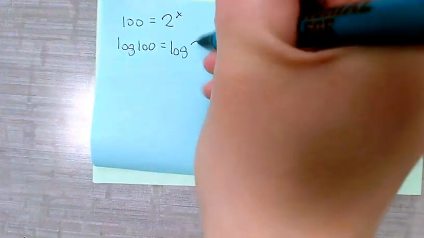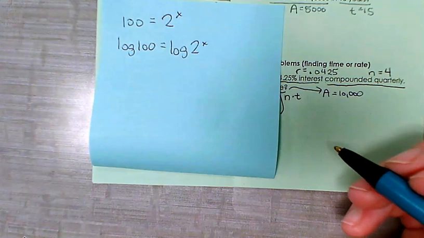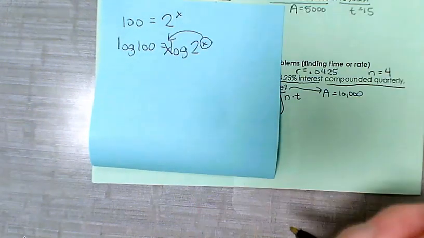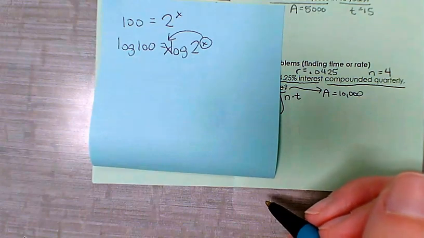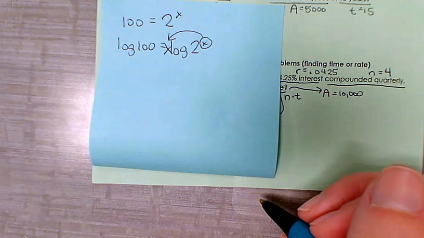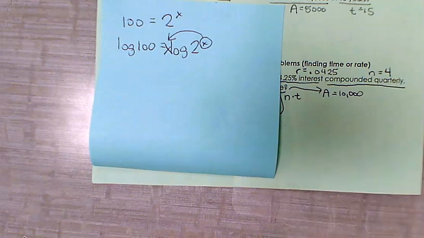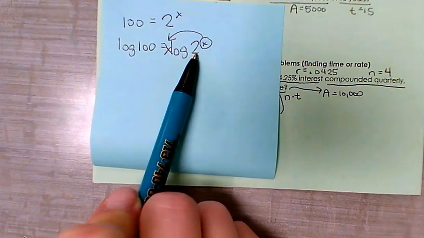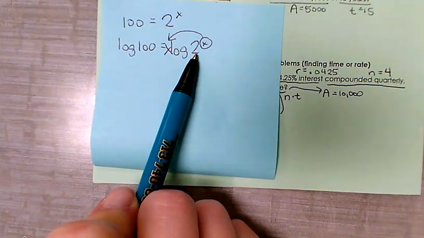So I have to take the log of both sides so that then I can move this into the front. Do you remember that? It's been a while. But then once you do that, now this exponent, this x, is being multiplied by this log of 2, right? So how do you move the log of 2?